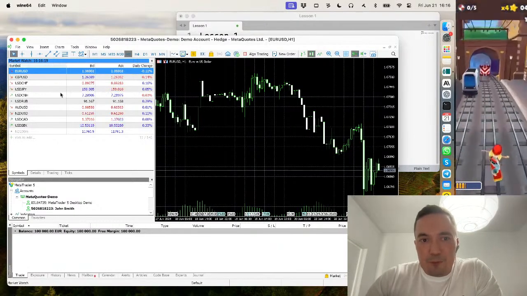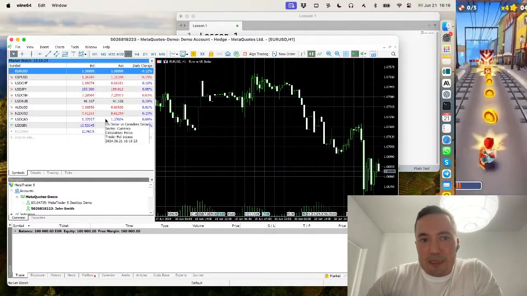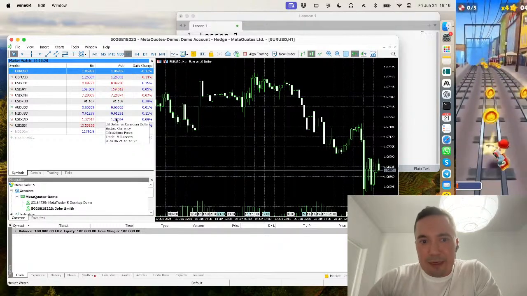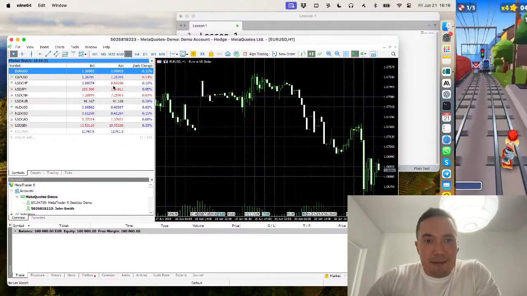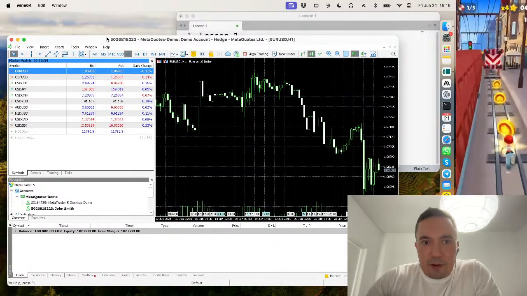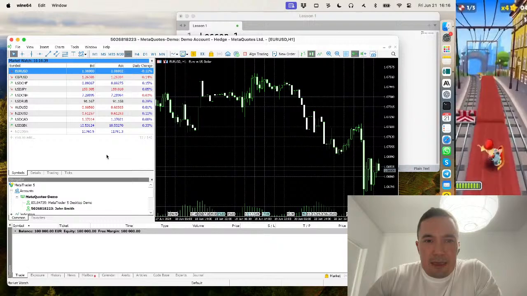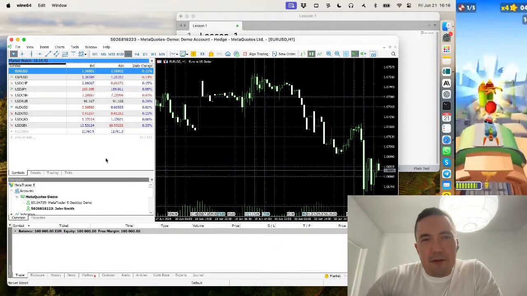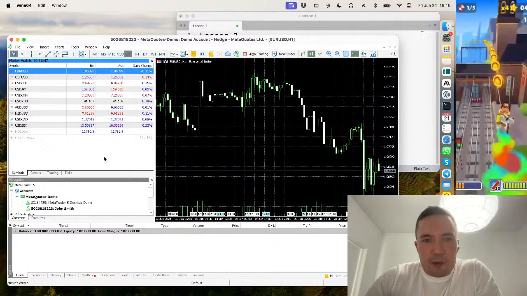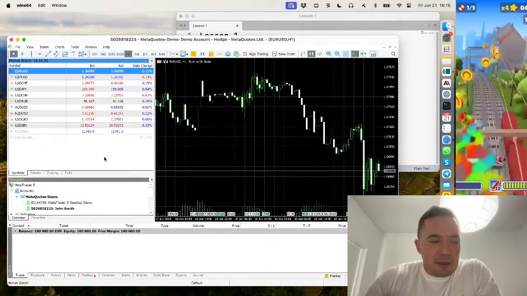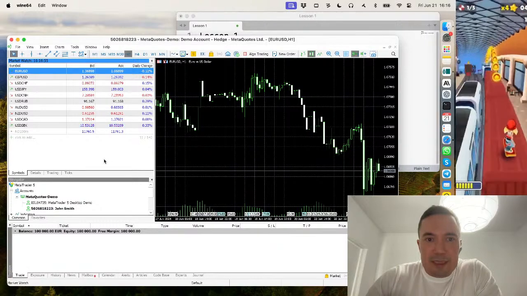So if you allow negative prices in the platform, you would more often get them because of some mistake rather than somebody selling at a negative price. That's why in these two platforms, MetaTrader 4 and 5, they are not supported. I think in many other platforms it's the same thing, right? Because nobody wants to deal with negative prices because it's much more difficult to protect from some mistake.